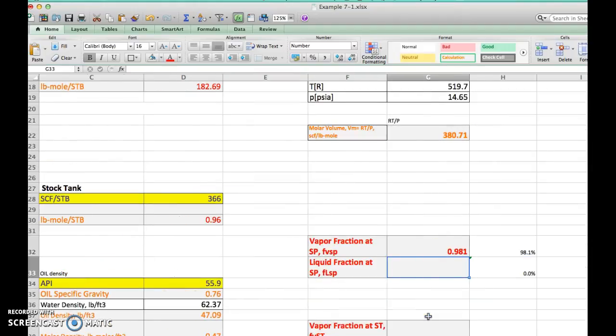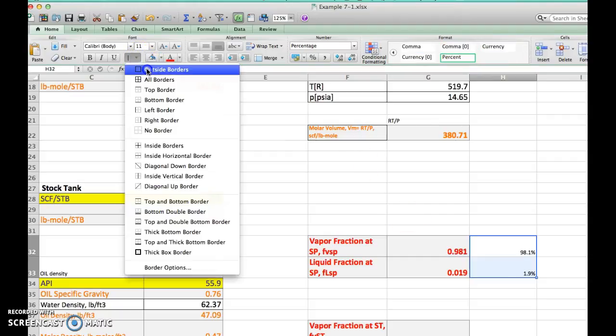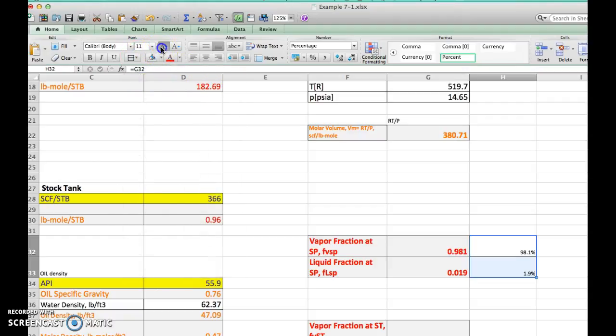And the liquid fraction basically would be 1 minus the vapor fraction. Now if I convert it to percentage, just giving me the percentage value.